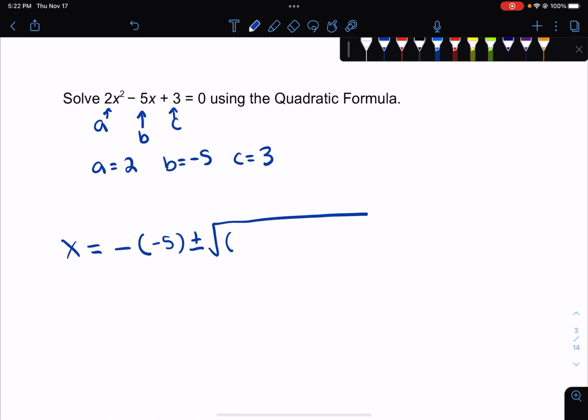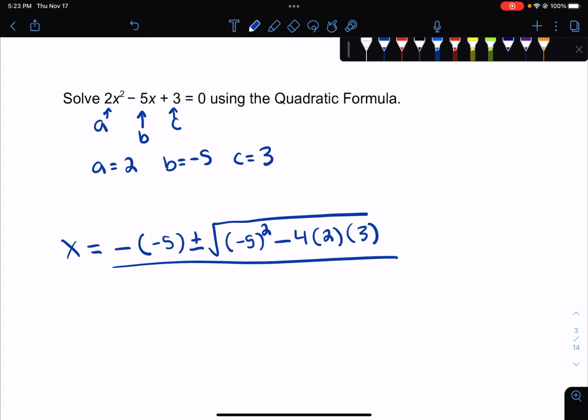And I'm going to do a parenthesis. And again, I've got to put b, so negative 5 squared minus 4. And then the formula wants a and c. So I'm going to put a parenthesis and put a, then another parenthesis and put c. And on the bottom of the formula is 2 times a.